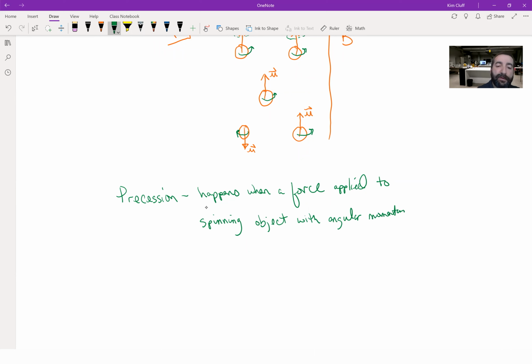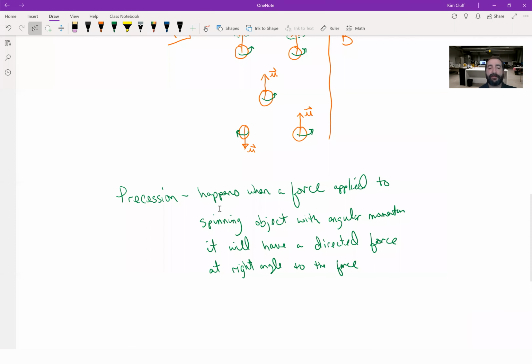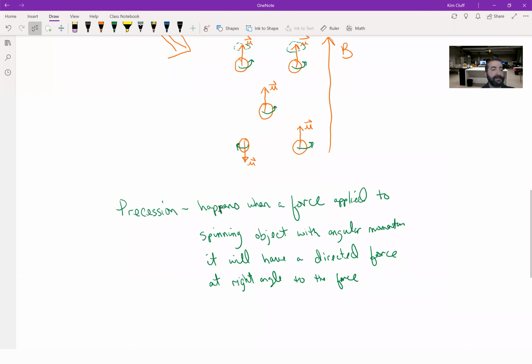It will subsequently have a directed force at right angle to the external force. Okay, this is what precession is.